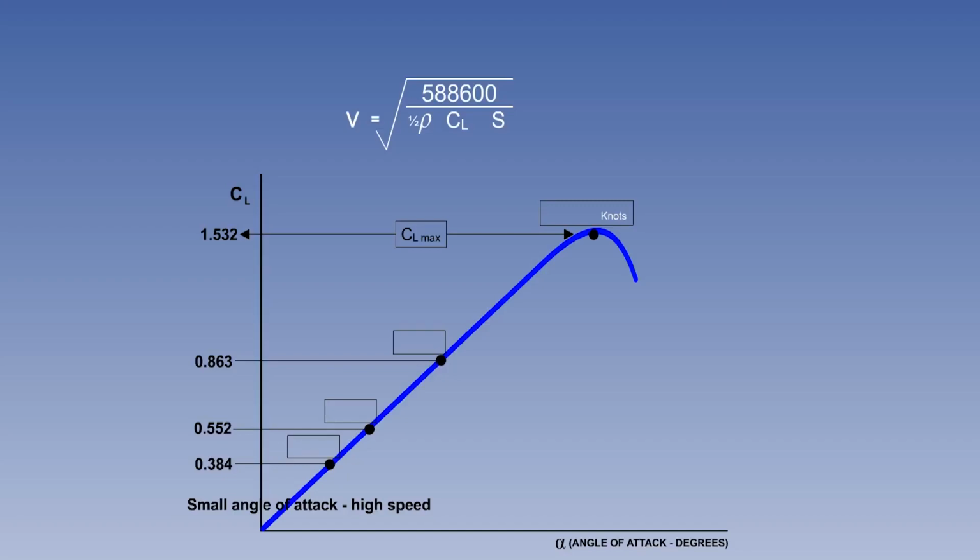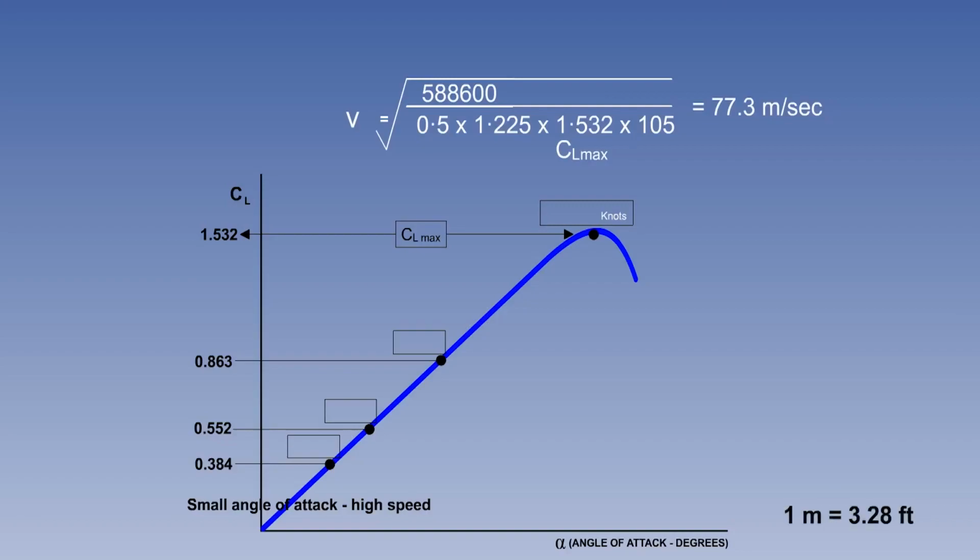The result is 588,600 newtons. If we convert the other elements, assuming ISA sea level density of 1.225 and a wing area of 105 square meters, using the CL max of 1.532, we now have the equation looking like this. When the calculation is done, the answer comes out as 77.3 meters per second.